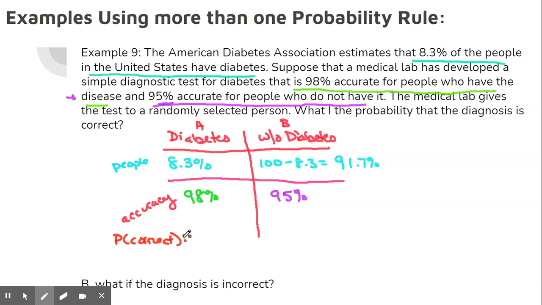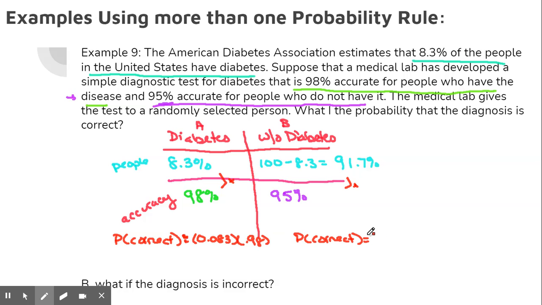So the probability of it being correct is actually taking these two values and multiplying them. And I'm going to multiply them in their decimal form, just because it makes life easier. So I'm doing it twice.